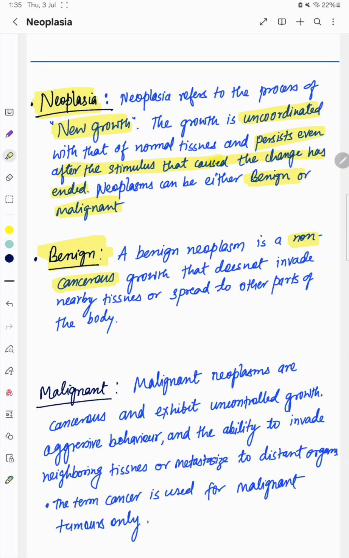So a benign neoplasm is a non-cancerous growth which does not invade or destroy nearby tissue or spread to distant body parts. Normally the cell morphology or tissue architecture in a benign tumor more or less resembles the normal tissue or cell morphology.